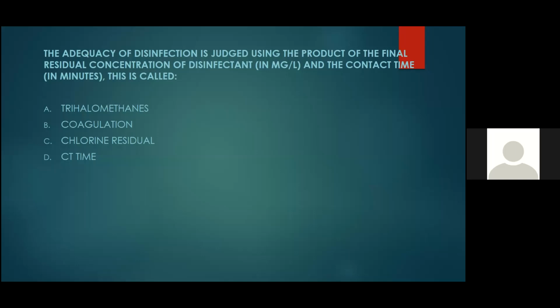It's important to have water that has been properly mixed and contacted with a disinfectant. So I look at the final product of the chlorine residual concentration in milligrams per liter and the contact time in minutes. This is called CT time. This is D.